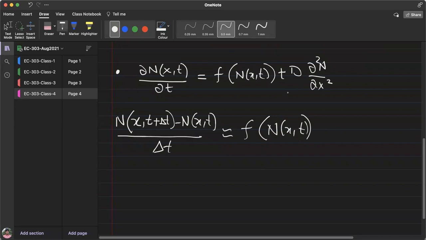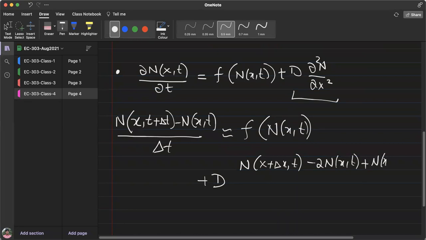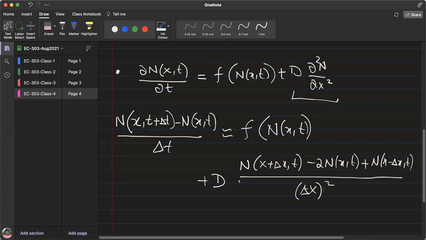The diffusion derivative can also be discretized in the following way: D times n(x plus delta x, t) minus 2 n(x, t) plus n(x minus delta x, t), divided by delta x square. Is it right? Or is it delta x?